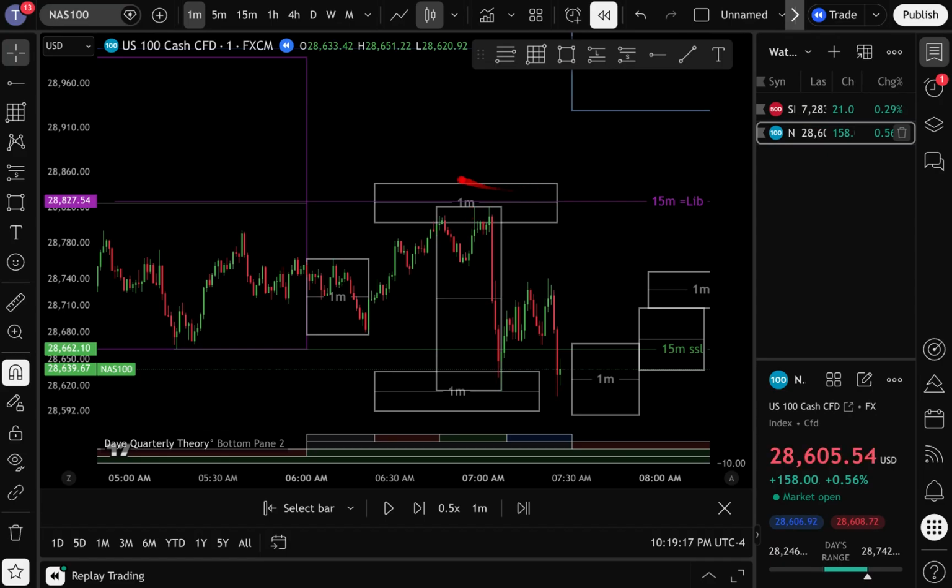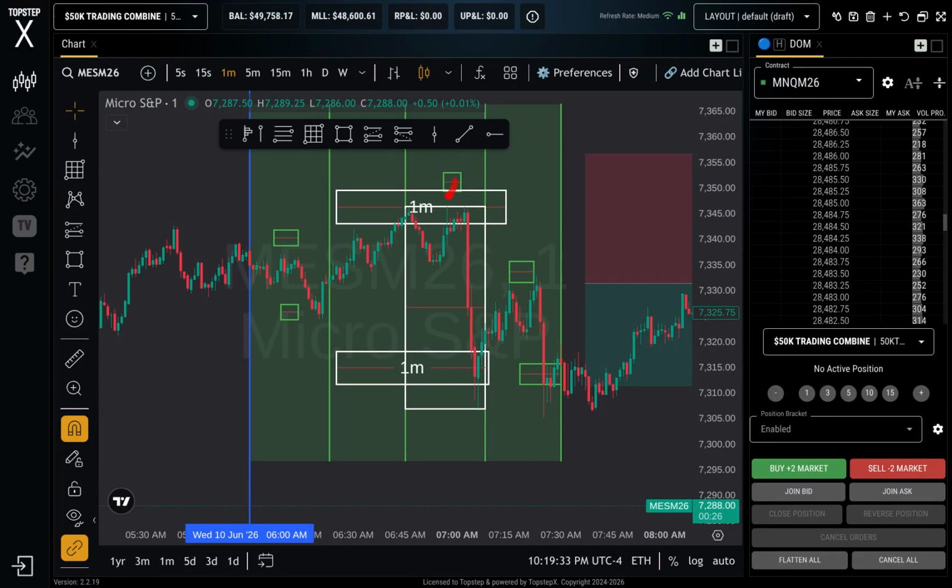Because once again, we at a 1 minute zone where we should be not going any higher. And we at a 15-minute equilibrium where we want to see price go lower from. In this case, we didn't get the button entry, but we got the market structure shift, bread and butter continuation.